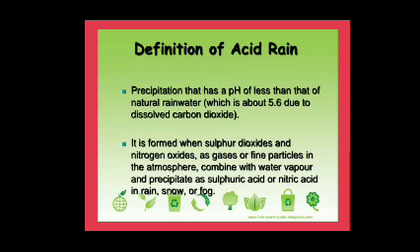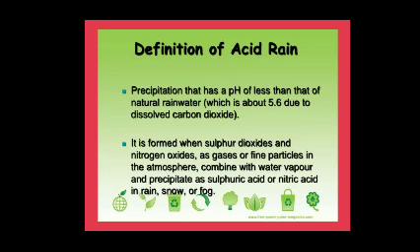Precipitation that has a pH of less than that of natural rainwater, which is about 5.6 due to dissolved carbon dioxide, is called acid rain.